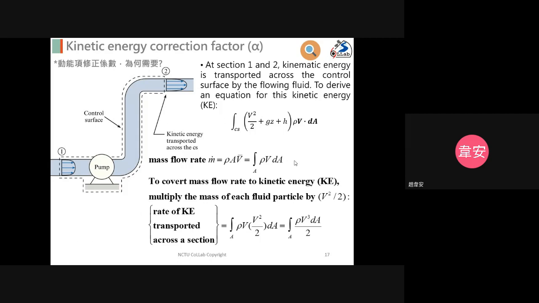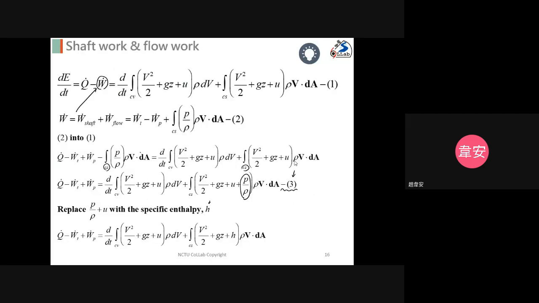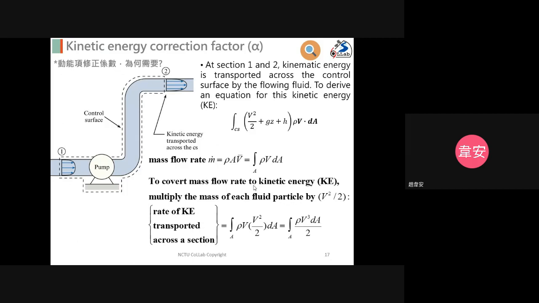If we consider equation 3, that's a little bit difficult to deal with for the integrations, because you see there is a v square and there is the v outside. So the integration is too complicated for these terms. So this chapter just proposes to use the kinetic energy correction factor alpha.